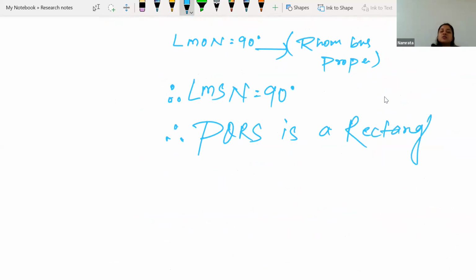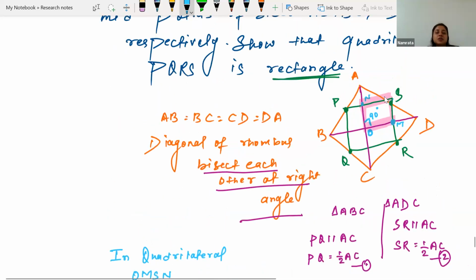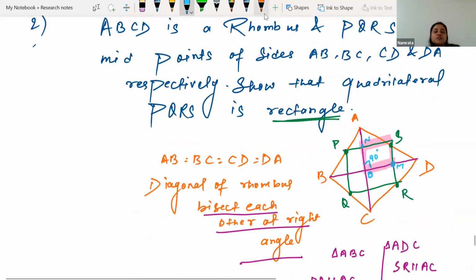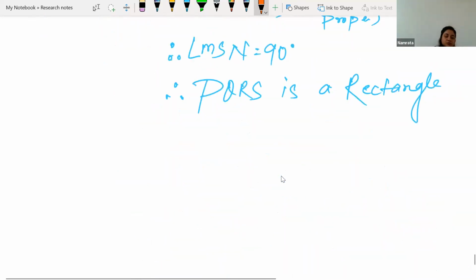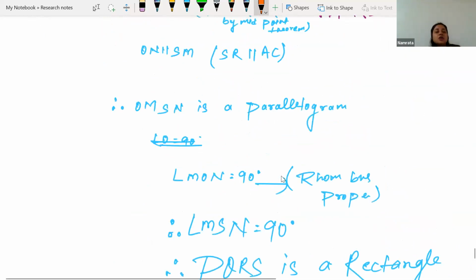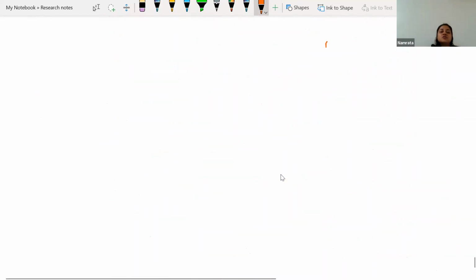Now let me summarize what we did over here. Let me start from the very beginning. We are having a quadrilateral, okay, it's not a quadrilateral, it's a rhombus ABCD over here.